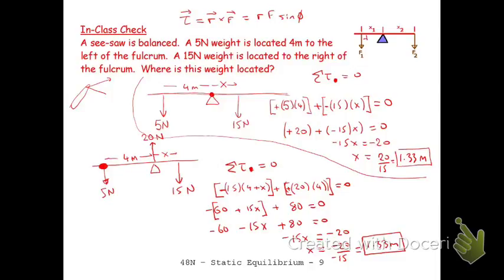Yes? If both the forces are going down, is the right way always going to be negative because it's going counter? If you put your turning axis to the left and both your forces are pointing downwards, you're not in equilibrium, and both of those are going to be negative.